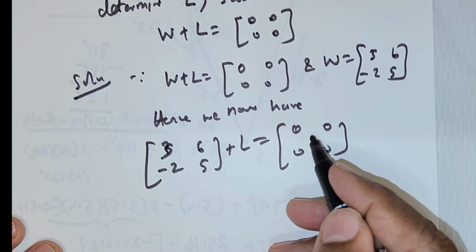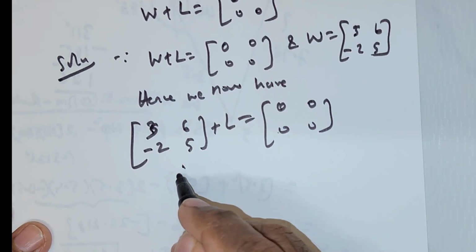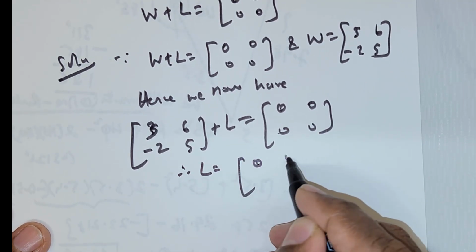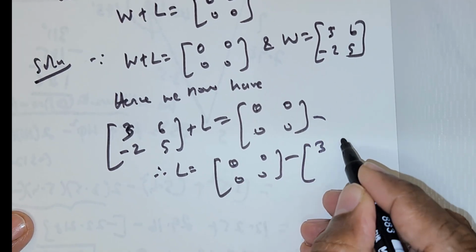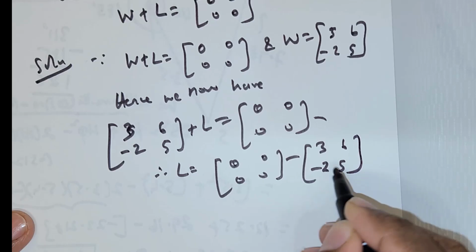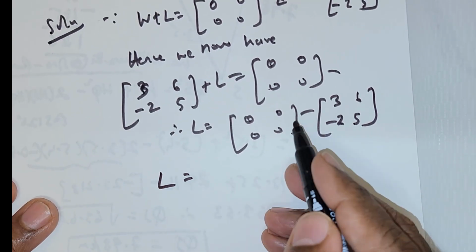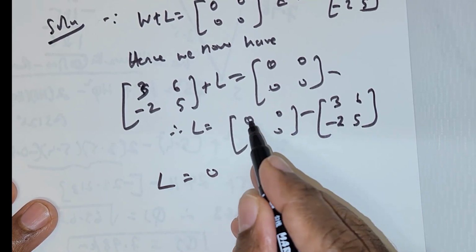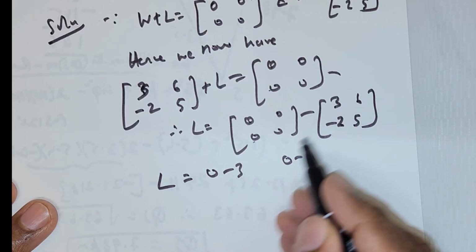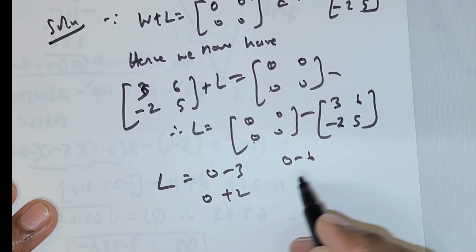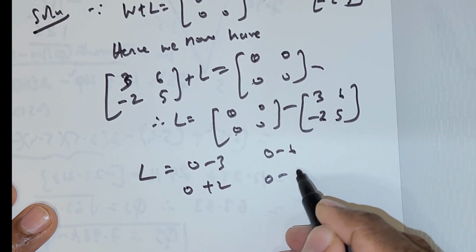Okay, this is a 2 by 2. So therefore L is equal to 0, 0, 0, 0 minus, move this matrix to the other side, 3, 6, negative 2, 5. So this is equal to 0 minus 3, 0 minus 6, 0 minus negative 2, that's positive, 0 minus 5.